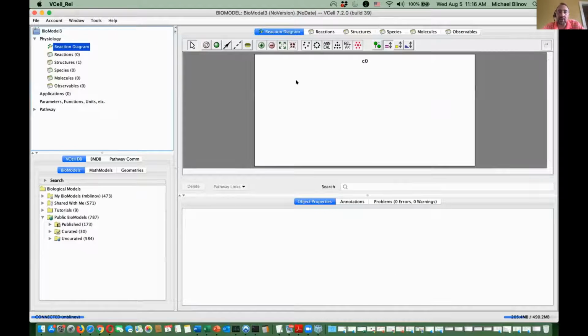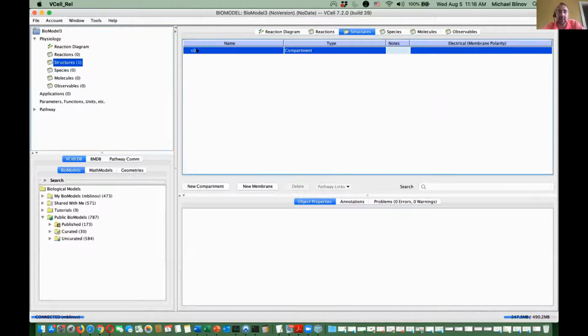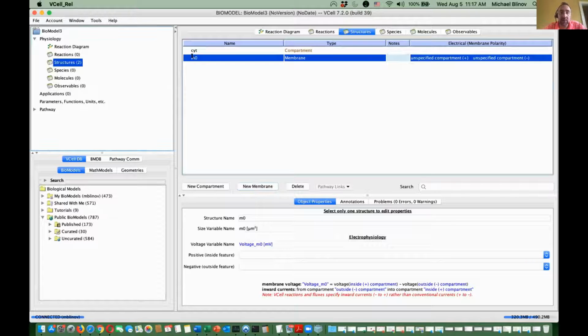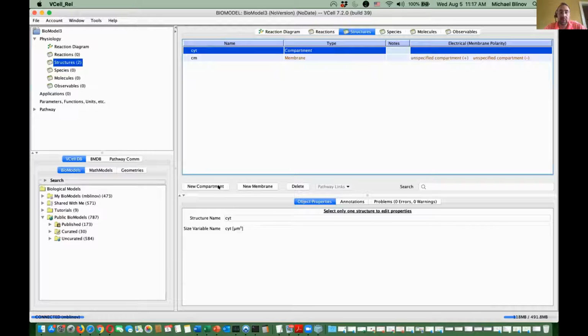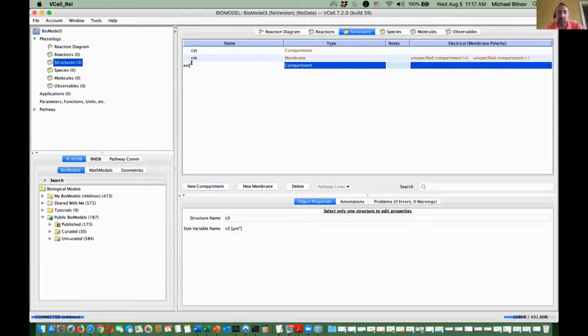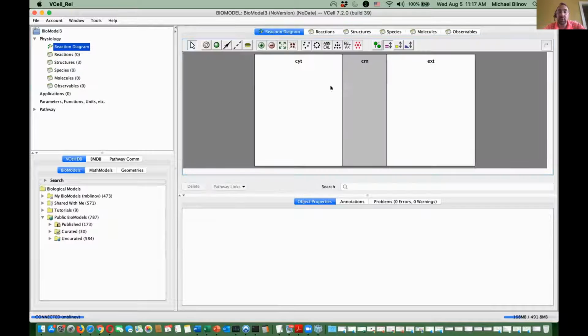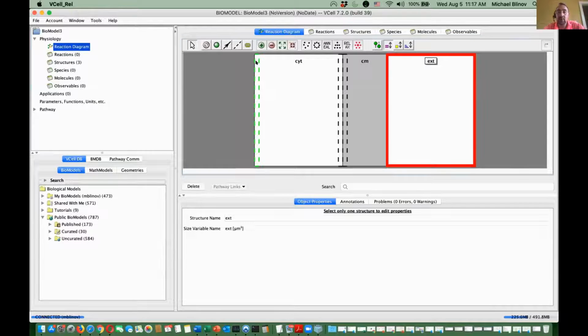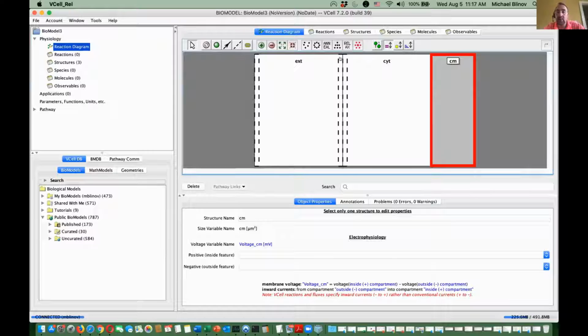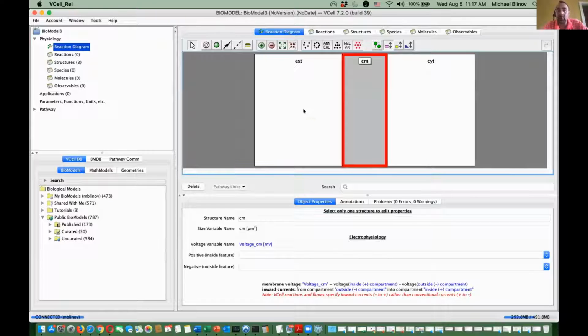Okay, so let's quickly go through the way to declare a model. For example, we have a cytosol, we have a cytosolic membrane, we have an extracellular space, so we just define a cell surrounded by a membrane, and we would like to do this EGF-EGFR interaction.